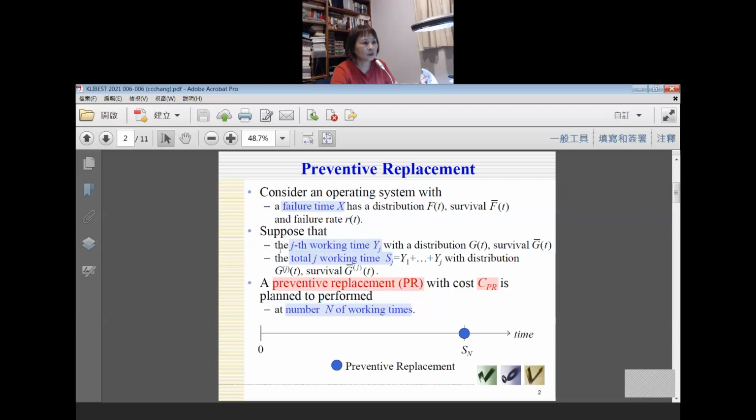Suppose that the j-th working time Yj has a distribution G(t), survival Ḡ(t), and the total j working time Sj is equal to Y1 plus to Yj, with distribution Gj, survival Ḡj(t).